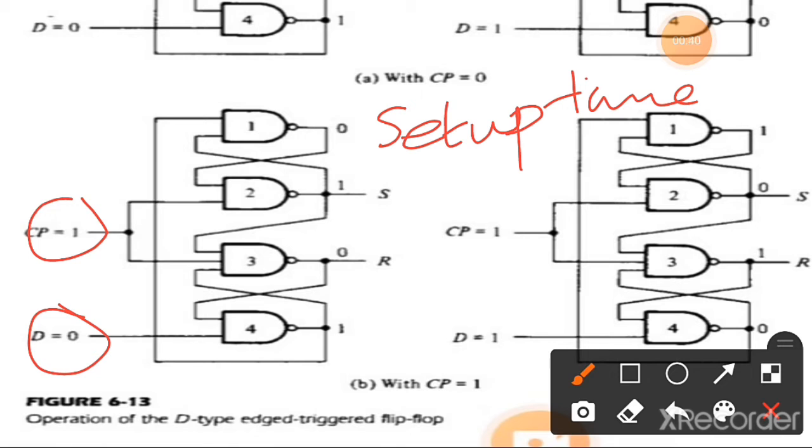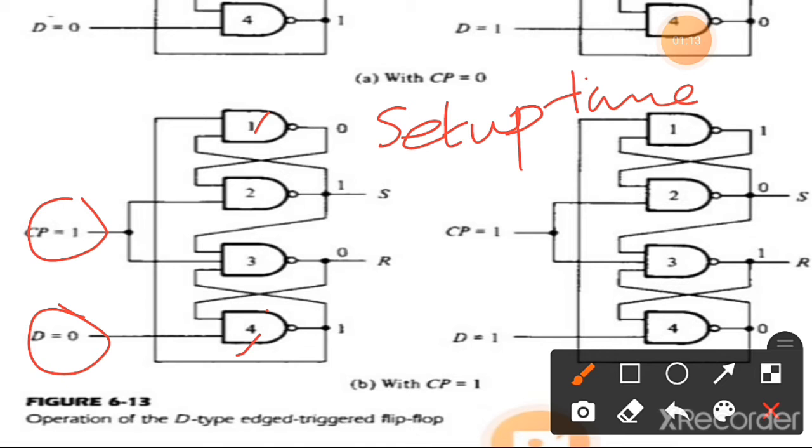So in the setup time, before applying a pulse, the value of the D input is maintained at a constant value. The setup time is equal to the propagation delay through gates 4 and 1. Here there are two gates, 4 and 1, since a change in D causes a change in the output of these two gates.